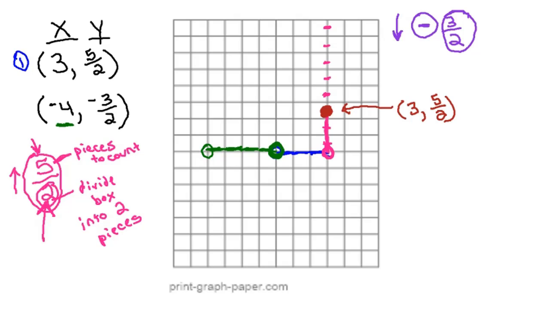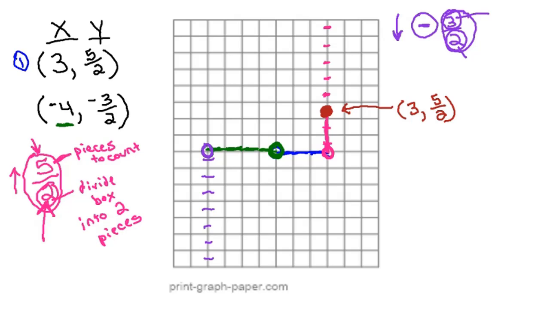Now remember, what does the fraction mean? The fraction means the number on the bottom is 2. So we're going to start where we left off at the x, and we're going to go down and divide those boxes into 2 even pieces. Why 2 even pieces? Because 2 is the number on the bottom of the fraction. And then the number on the top of the fraction is 3.